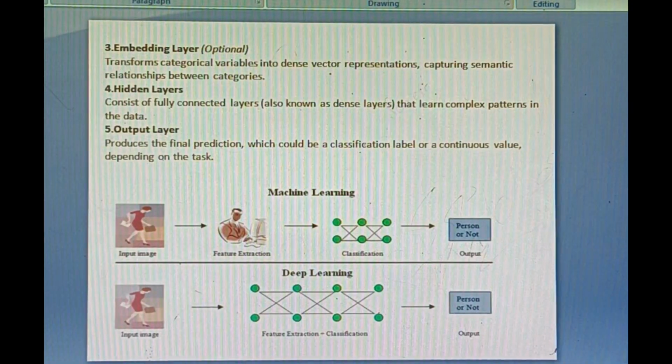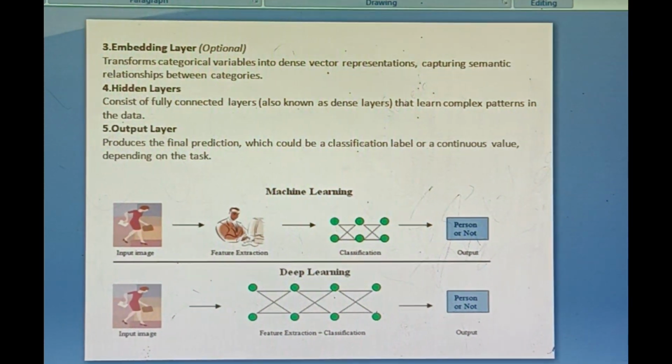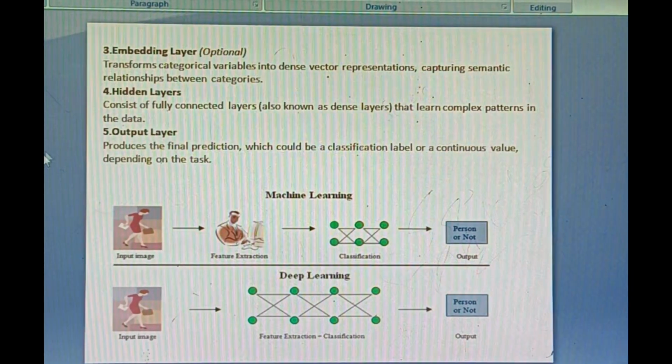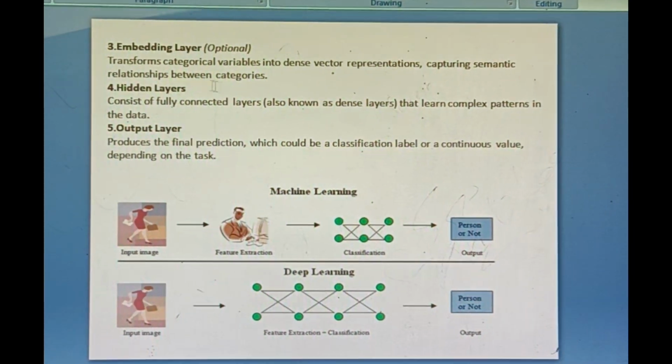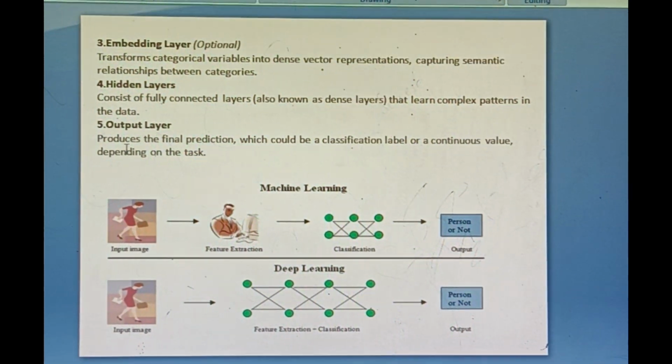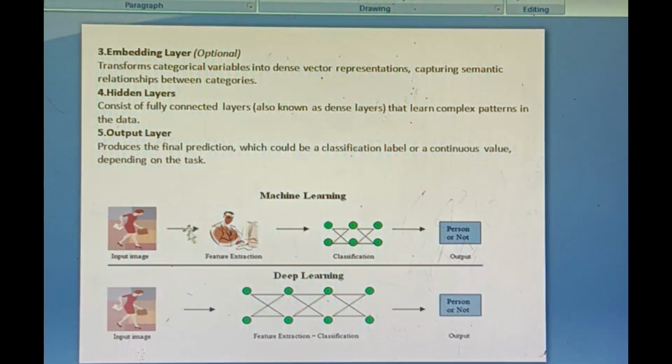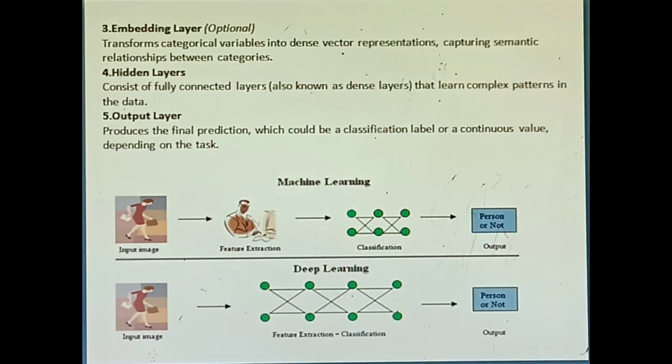It transforms categorical variables into dense vector representations, capturing semantic relationships between categories. Fourth one, hidden layers, consist of fully connected layers, also known as dense layers, that learn complex patterns in the data. Fifth one, output layer, produces the final prediction, which could be a classification label or a continuous value depending on the task.